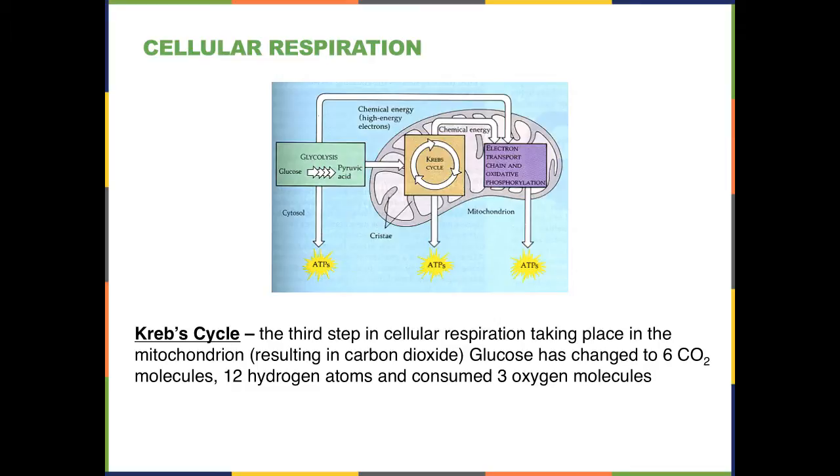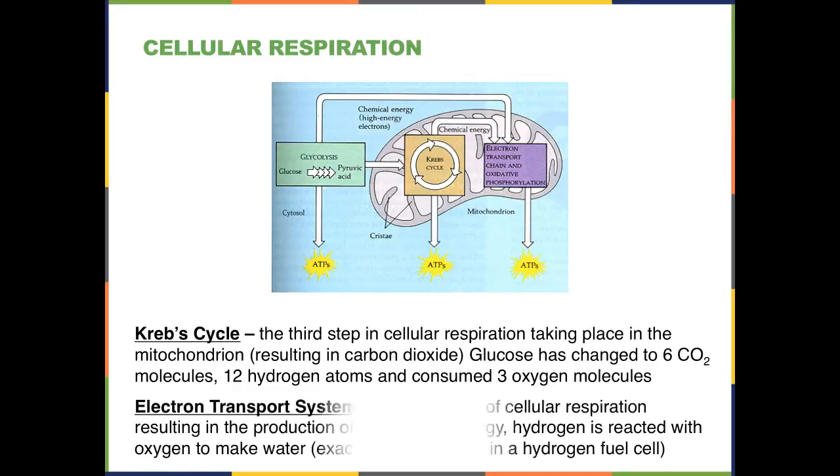In this process, 6 glucose molecules, once converted to pyruvate, are changed to 6 carbon dioxide molecules, 12 hydrogen atoms, and 3 oxygen molecules are consumed. And I'm going to show you the chemical reactions that occur that result in this outcome.